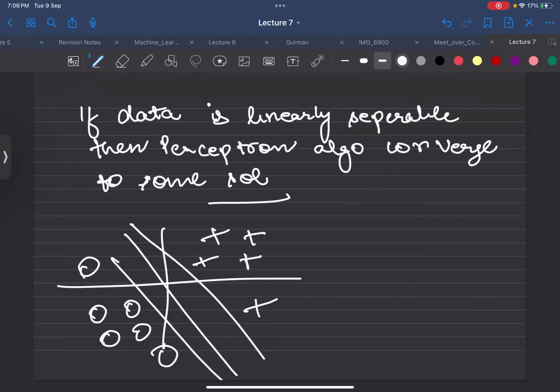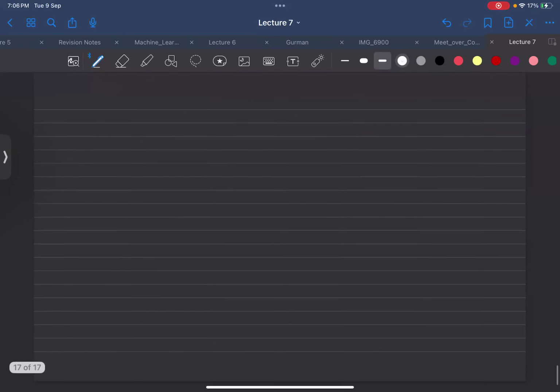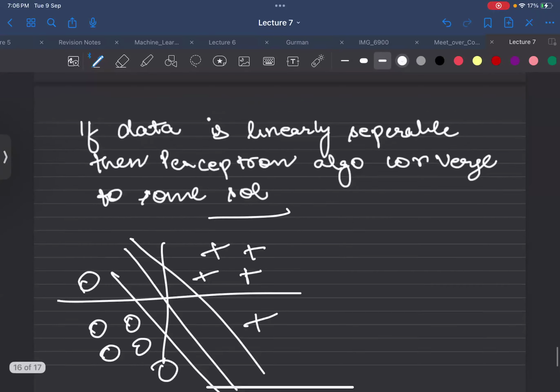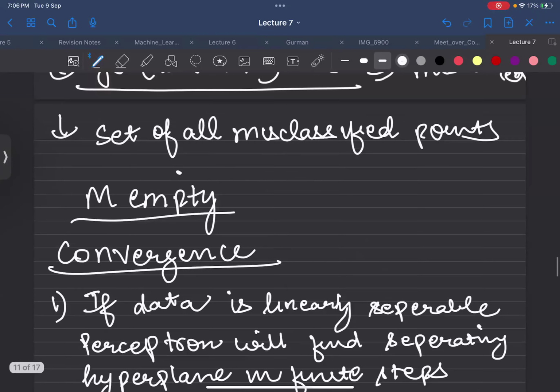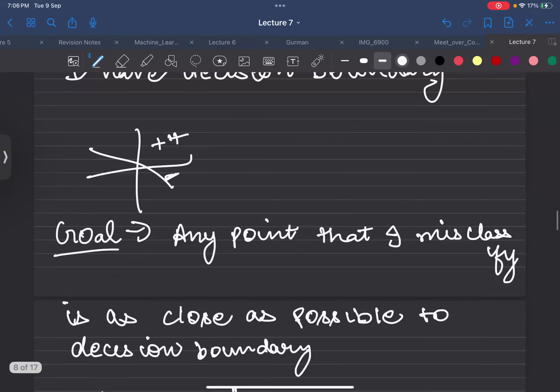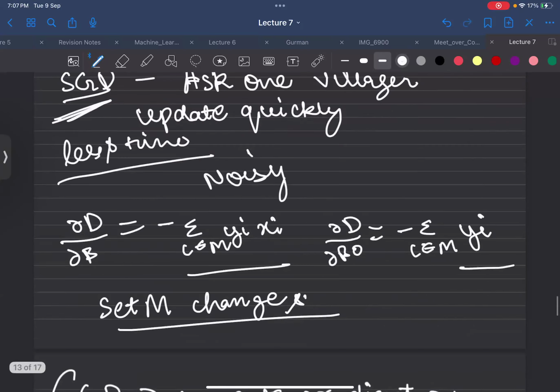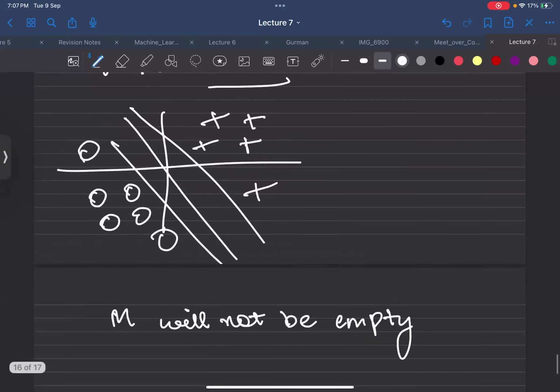And if data is not linearly separable, then M will not be empty. Now, one more thing, as Gaurav was pointing out: why have you written this? Any point that I misclassify should be as close as possible to the decision boundary, which I am trying to do in GD and SGD.